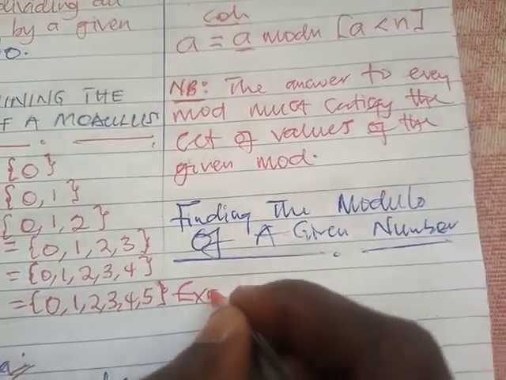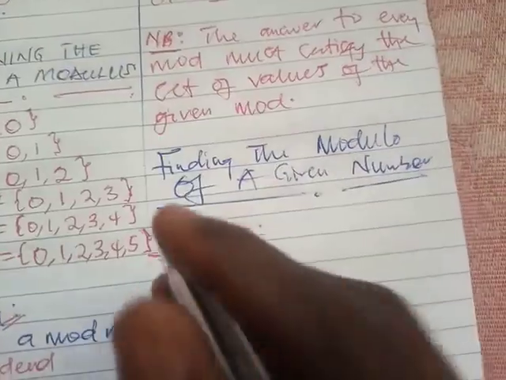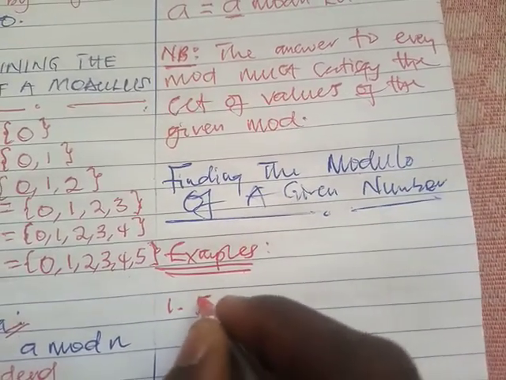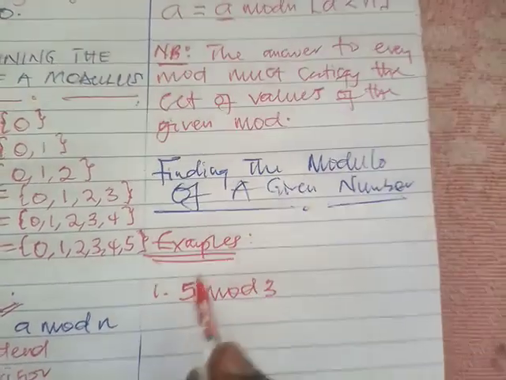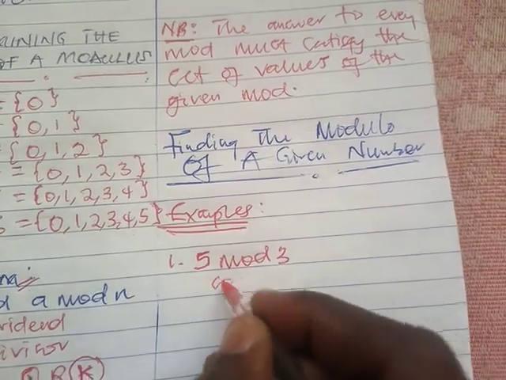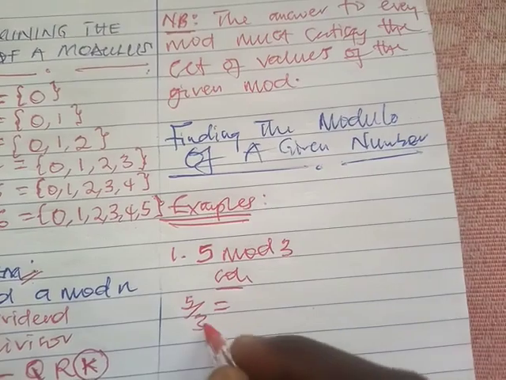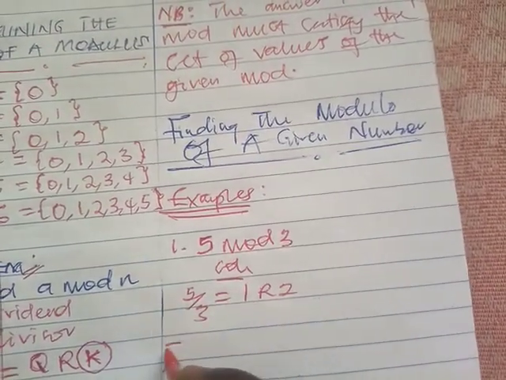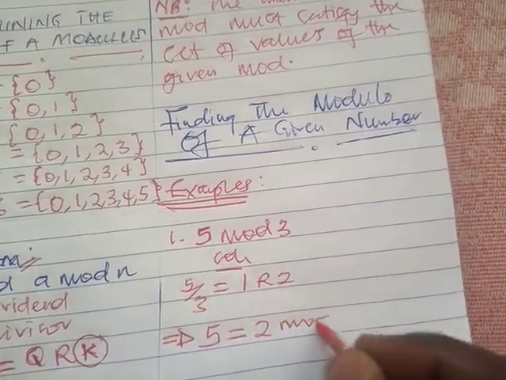Let's say 5 mod 3. 5 mod 3 means that we divide 5 by 3. So let's divide 5 by 3. 3 goes into 5 once, remainder 2. So the answer to this problem is 5 is equal to 2 mod 3.